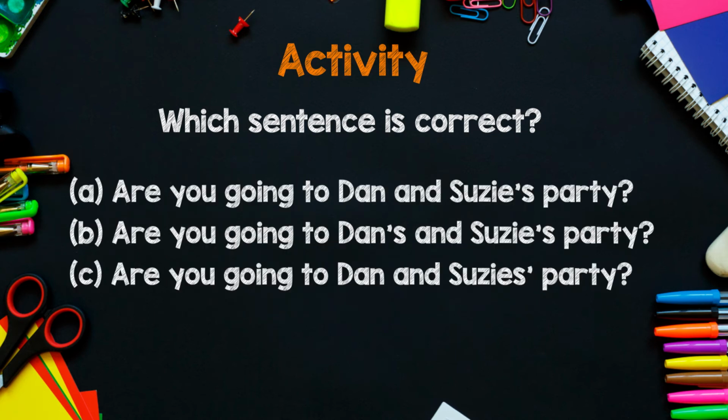Let's look at number 2. Which sentence is correct? Are you going to Dan and Susie's party? A, B, or C? There are 2 owners here in this sentence.